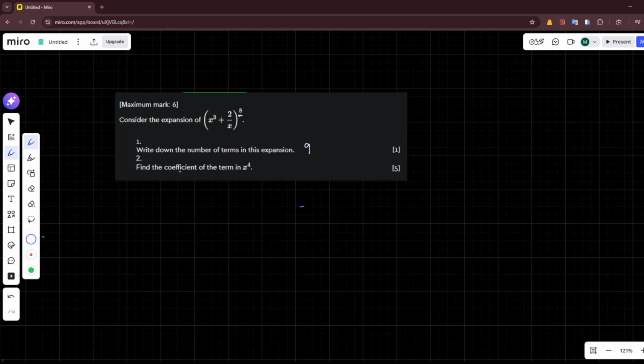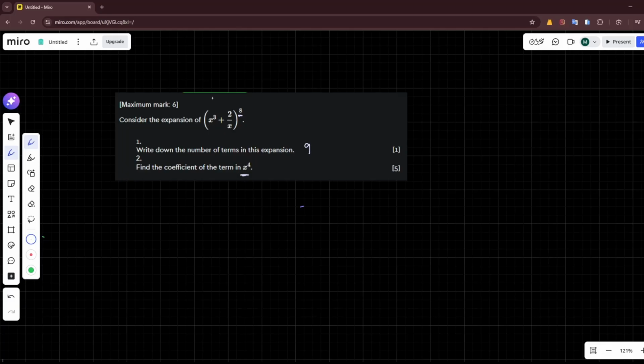But the challenging part here is finding the coefficient of the term x to the 4. A common mistake people are going to make here is trying to expand fully. There's 9 terms as we've established, so that's going to take a very long time if we try and find all of the terms. But it's quite difficult to identify which term is actually going to be the x to the 4th.